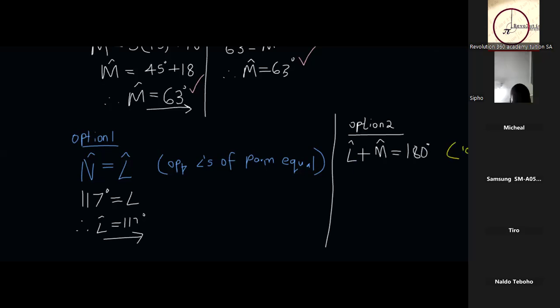And then we want to solve angle L. So you'll say angle L plus, what did we get with regards to angle M? There you go, we got 63. So you'll just write 63 degrees, equals 180. Then you solve for L. Angle L is equal to 180 minus 63, because when you take 63 to the other side, it changes the sign from positive to negative.